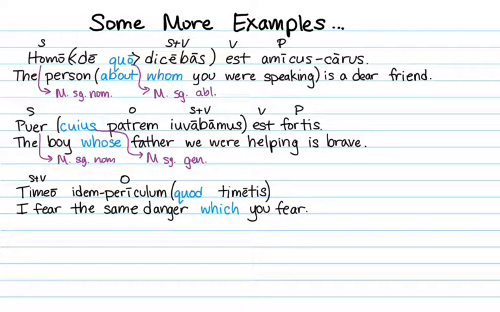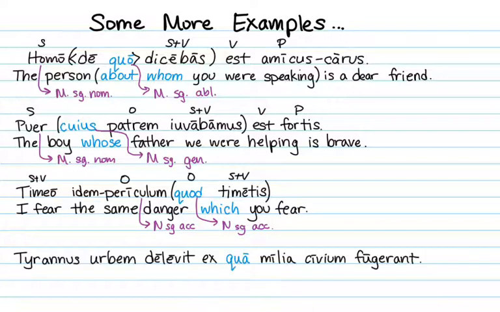Quod timetis is our subordinate clause. Subject plus verb is timetis. Quod is the object. Periculum is neuter singular accusative because it is the direct object of timeo. Quod is neuter singular because the antecedent is neuter singular, and we picked the accusative because it's the direct object of timetis.